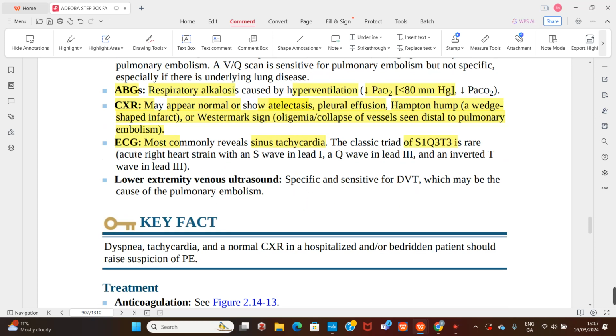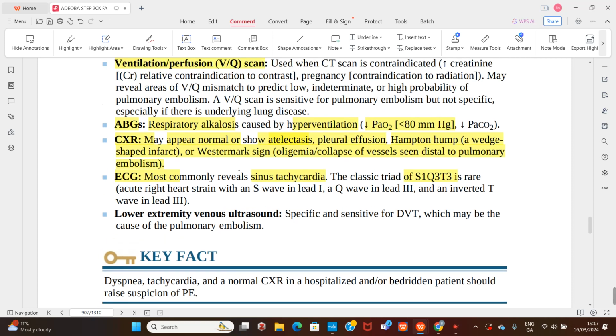I will check. So ECG, the commonest finding on ECG in people with PE is sinus tachycardia. But you can also see the classic triad in about 25 to 20% of people. That's when you see the classic triad of S1, Q3, T3 presentation. So you see your S wave big in your lead one, not V1, your lead one.